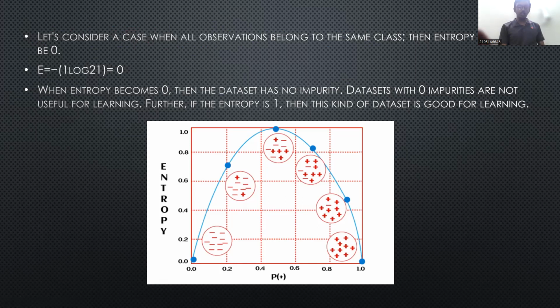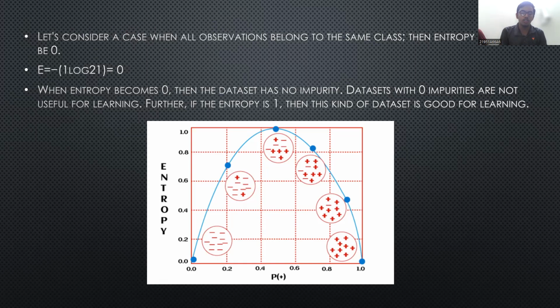When entropy becomes 0, the dataset has no impurity. Datasets with zero impurities are not useful for learning further.